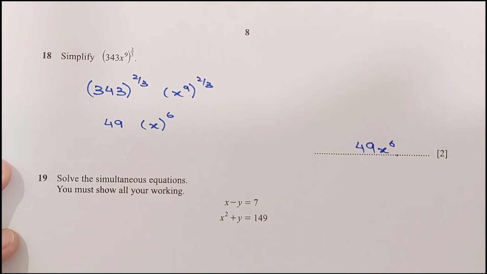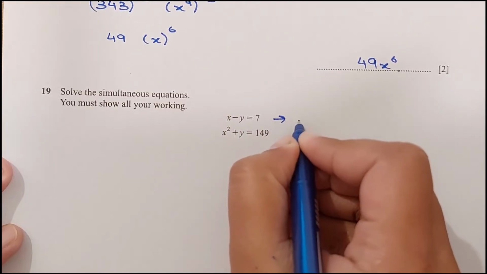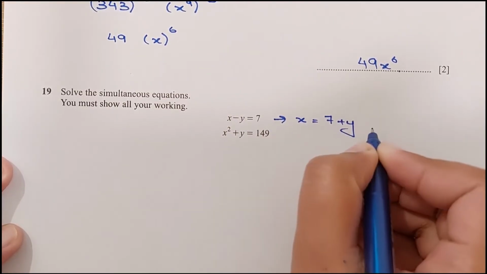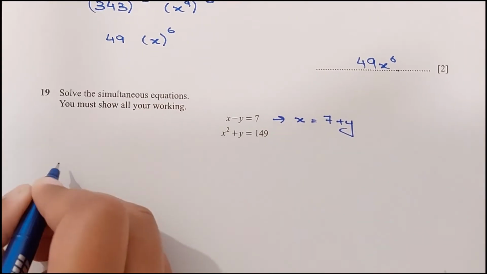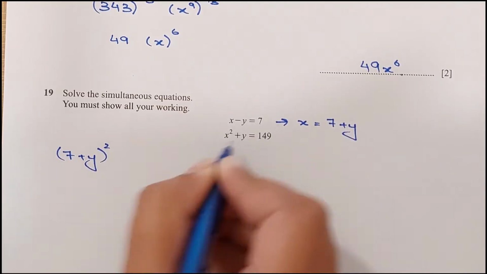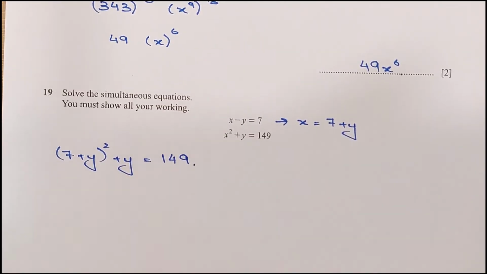Now question number 19, solve the simultaneous equations. You must show your working. We have a linear and a quadratic equation, right? So from this equation, x is equal to 7 plus y. Substitute the x value over here. So we have (7 plus y) whole square is x square plus y equals 149, opening the square.